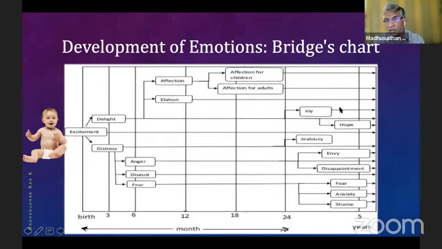All these things are the positive side of emotion. When it is discouraged, there is distress, jealousy, and by-products anger, disgust, fear, and their by-products anxiety and shame. These are the negative and positive sides of the emotions.